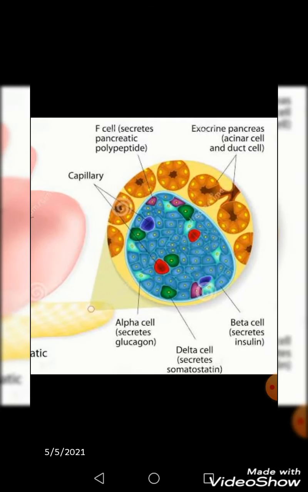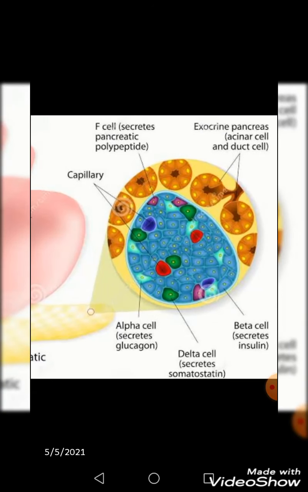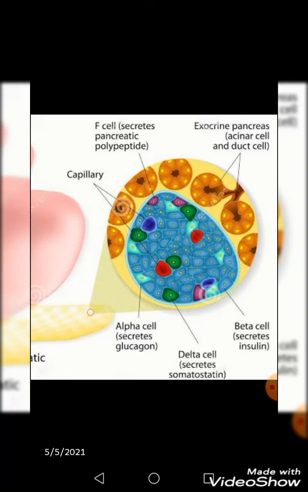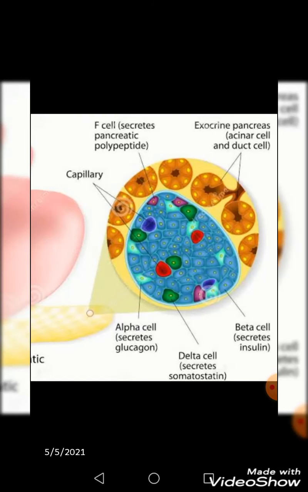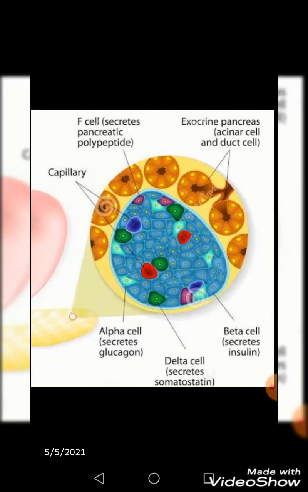Now, let me tell you about the names. There are alpha cells, which produce the hormone glucagon, and whenever there is a low level of glucose, they start their action. Then there are beta cells, which produce insulin.